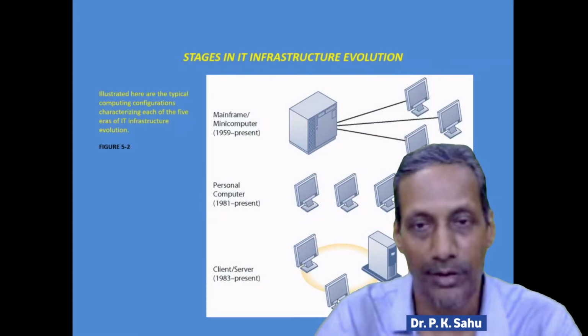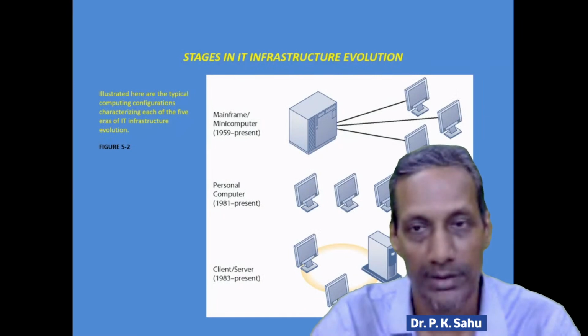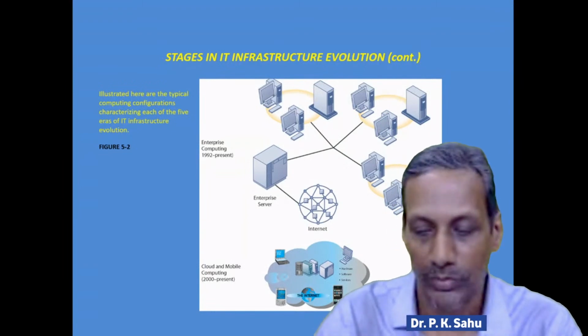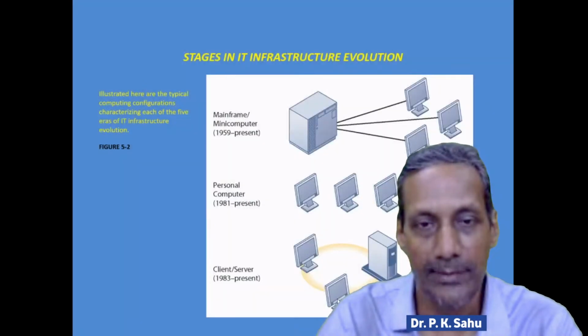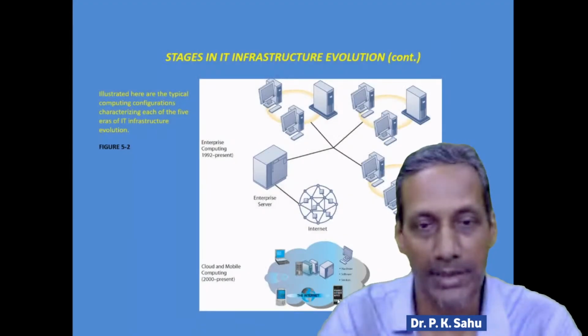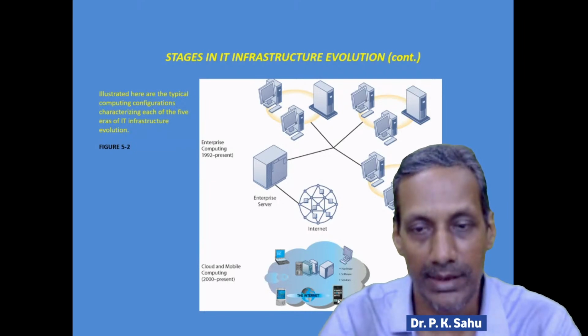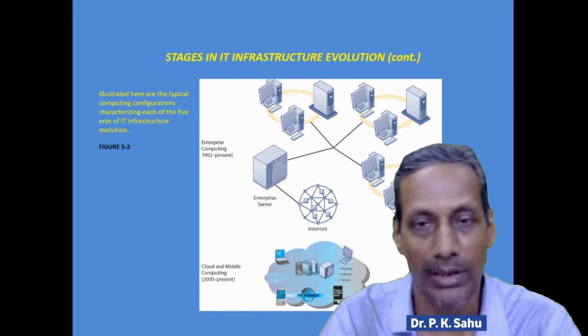The previous infrastructures are the ones shown in this particular slide, and the next slide shows the cooperative kind of arrangement of these IT infrastructures. So today, these three, the client-server, the enterprise computing, and the cloud computing infrastructures, are very widely adopted by managers for benefiting their organizations.